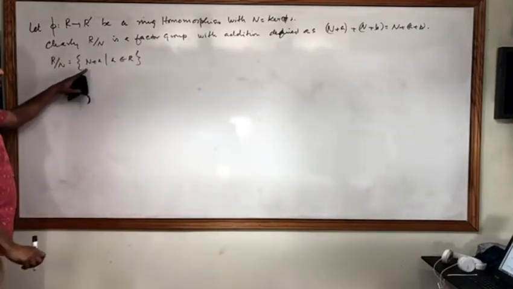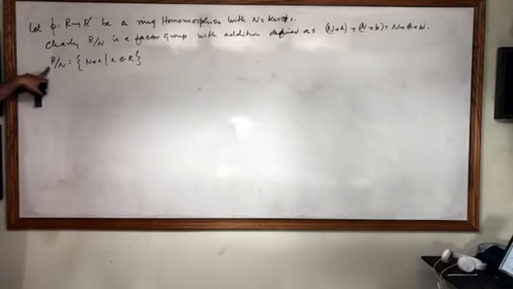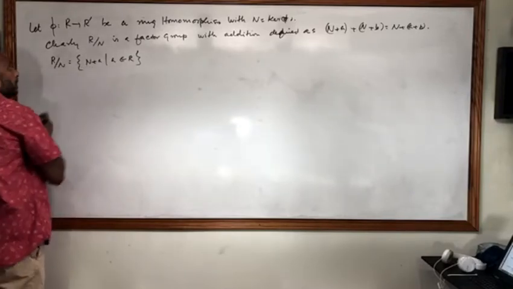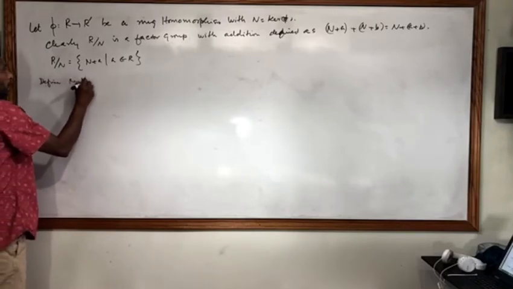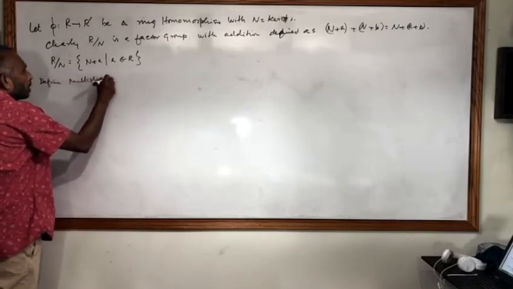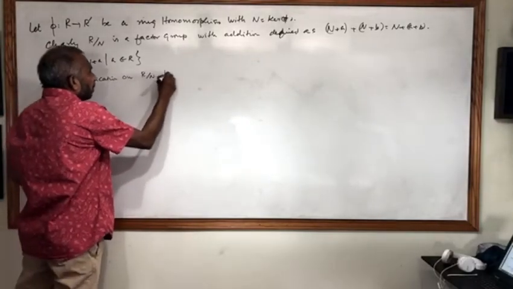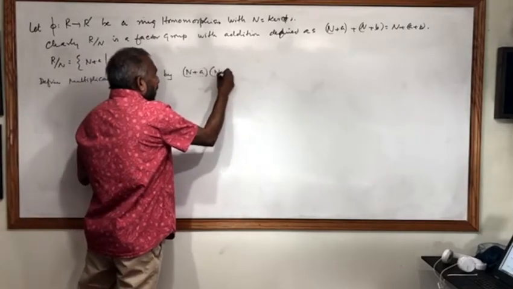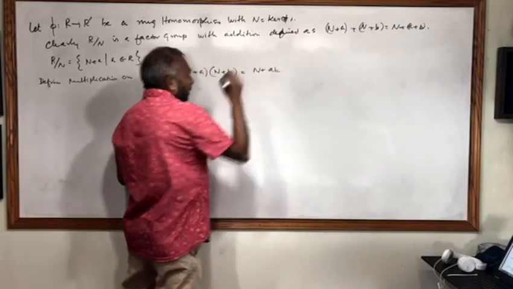We want to make this a factor ring. So we need to define another binary operation on the same elements. So define multiplication on R over N by N plus a times N plus b is equal to N plus ab.